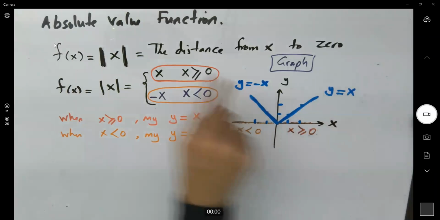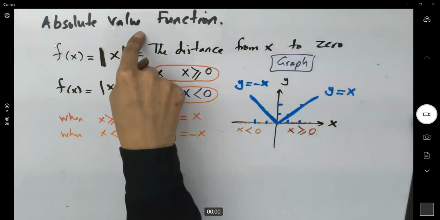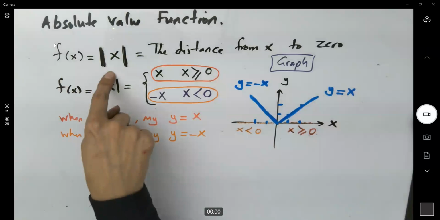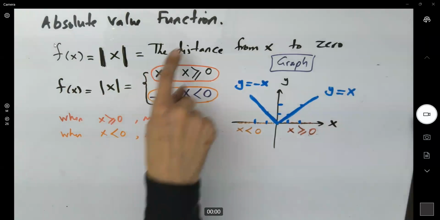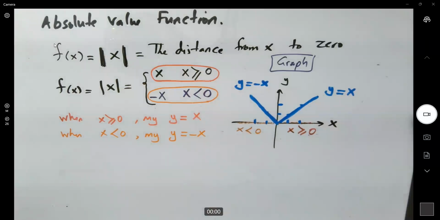A V-shaped graph. When you have the absolute value of x, you define the function to be a piecewise defined function.